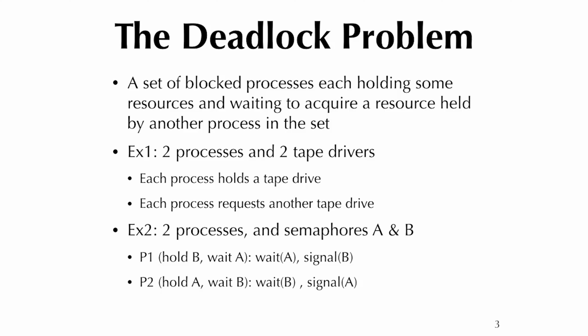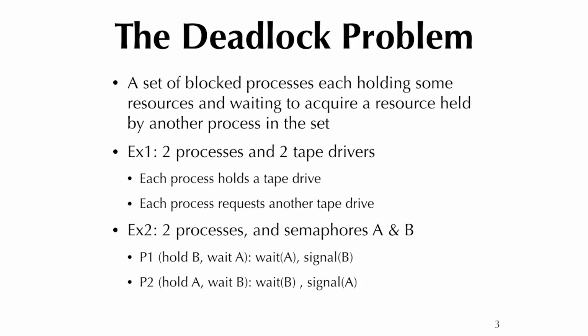So here's one example: two processes, two tape drives. Each one is currently holding one tape drive, and each process is requesting another tape drive. Why would you want to do that? Well, maybe you want to do a tape-to-tape copy, right? So you want to read from one and then write to the other, but your buffer memory is probably not big enough, so you want to acquire both and read from one a little bit, and at the same time write to the other.